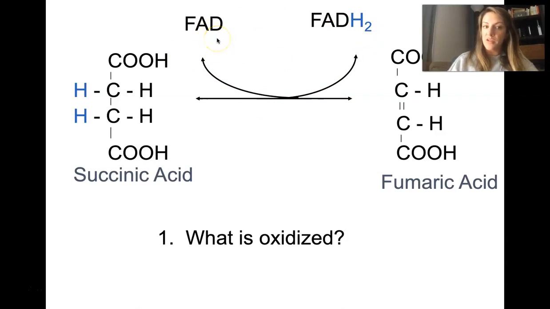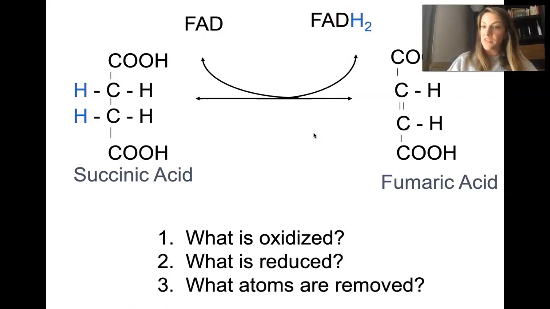We are taking FAD and making FADH2. We got to move the electrons from succinic acid to the FADH2. Which means that we got three things to think about. Something's being oxidized, something's being reduced, and when it's happening, there are atoms removed.